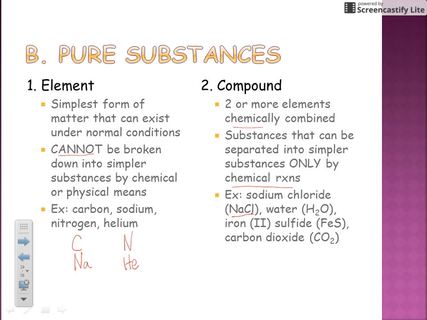So like NaCl, you see both the sodium and the chlorine. That's a compound. Water, H2O, iron(II) sulfide, FeS, carbon dioxide. When these elements come together, they form a brand new substance with brand new chemical characteristics. They're chemically bonded, so you can only separate them chemically.